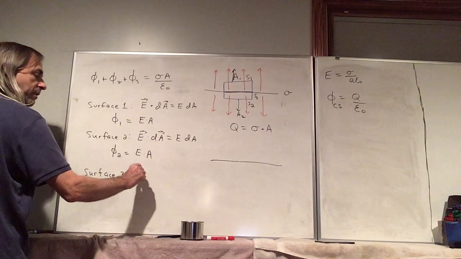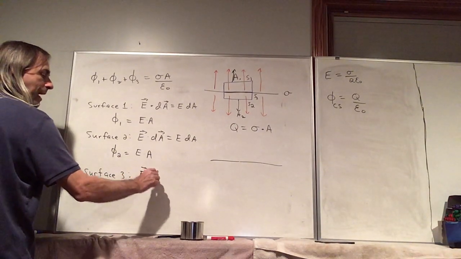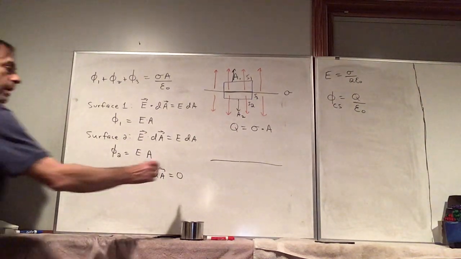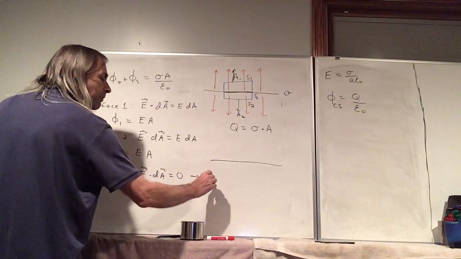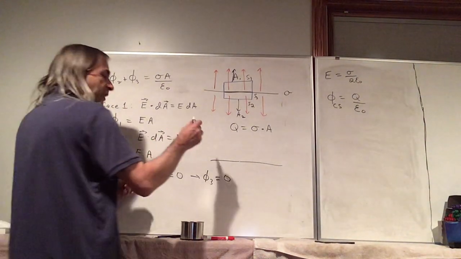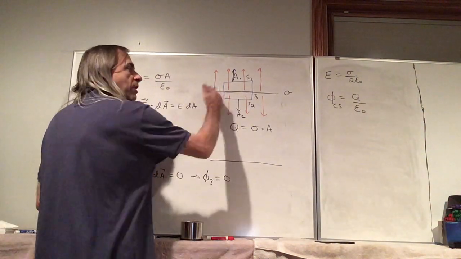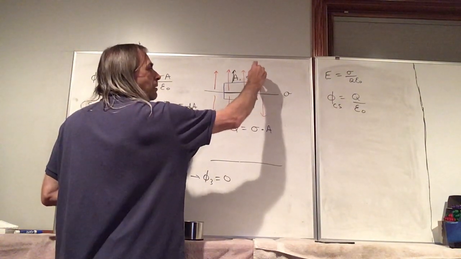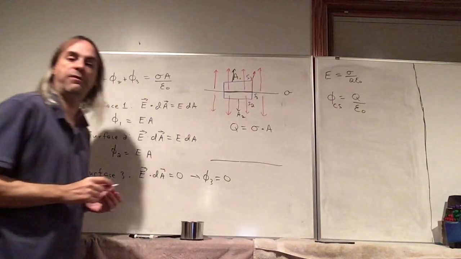So for surface 3, E dot dA is 0. And so flux through surface 3 is 0. Yeah, the electric field exists around surface 3, but it's just moving along the surface. It's not passing through surface 3.